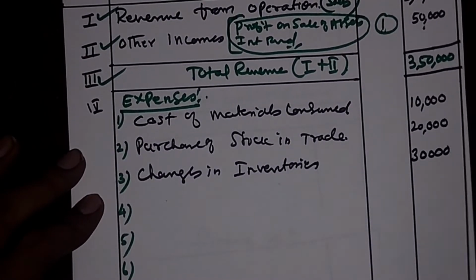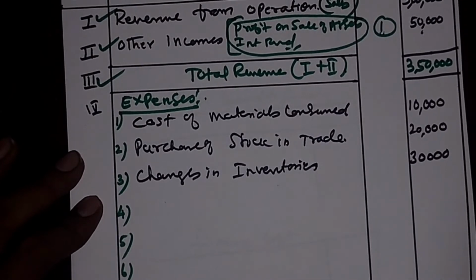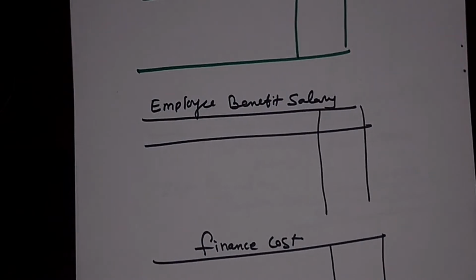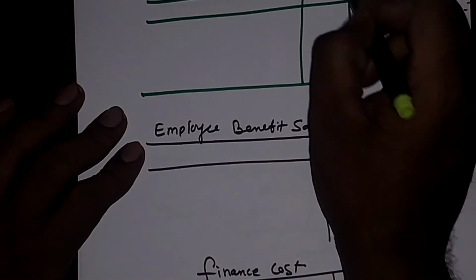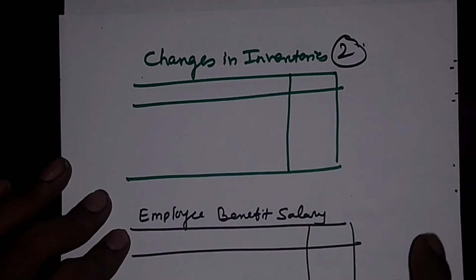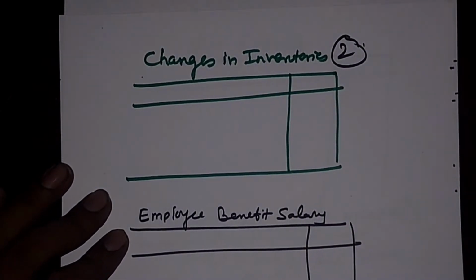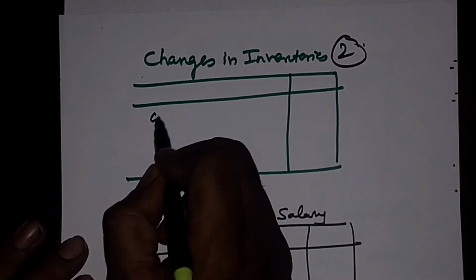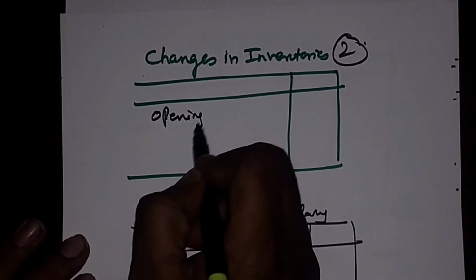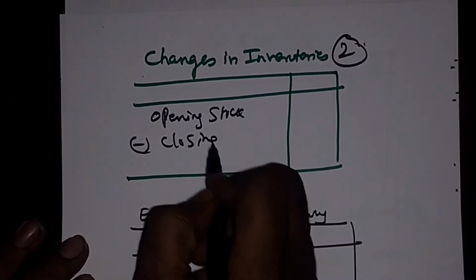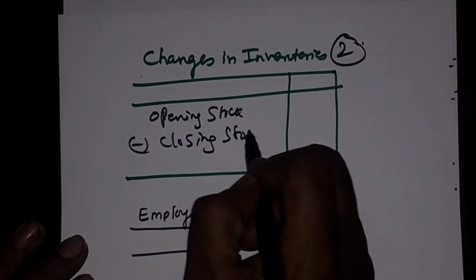How has this 30,000 arrived? Let me show it in the working note. Please see here. Changes in inventories. For example, I'll take it as note number 2. Why will I take it as note number 2? Because already note number 1 I have shown for other incomes. Now, changes in inventories refers to opening stock minus closing stock.